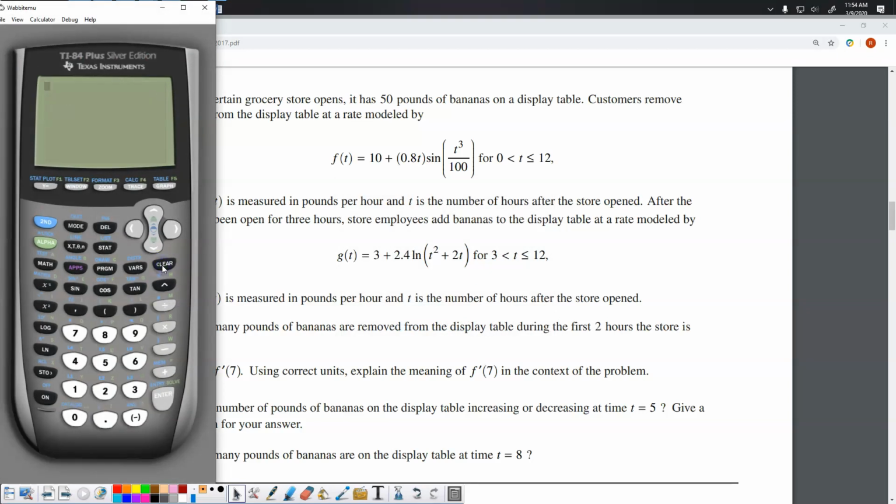All right, so let's go ahead and put the f function in there. It's 10 plus 0.8 t sine of t cubed, divided by 100. Oh, not 10, 100.